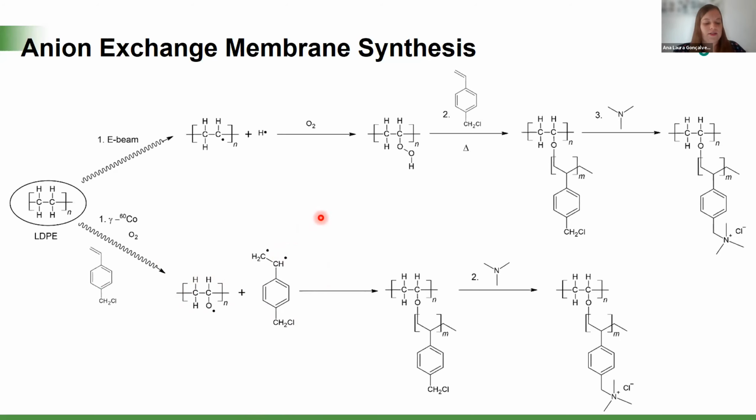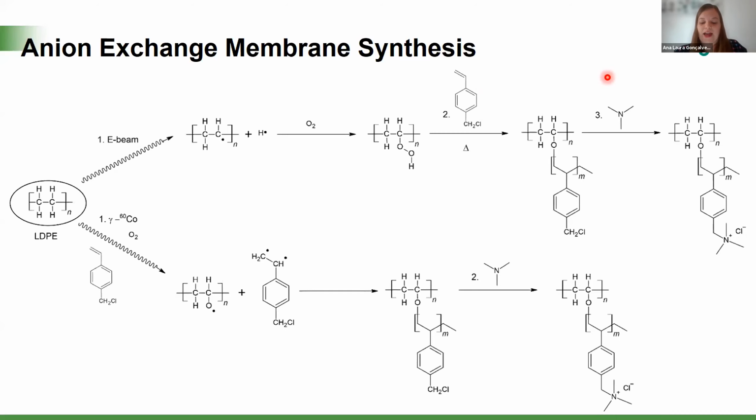On the other hand, in the pre-irradiation method, on top here, only the polymeric matrix is exposed to ionizing radiation. In this case, the grafting step occurs when the pre-irradiated polymer is placed in contact with the non-irradiated monomer, the VBC.